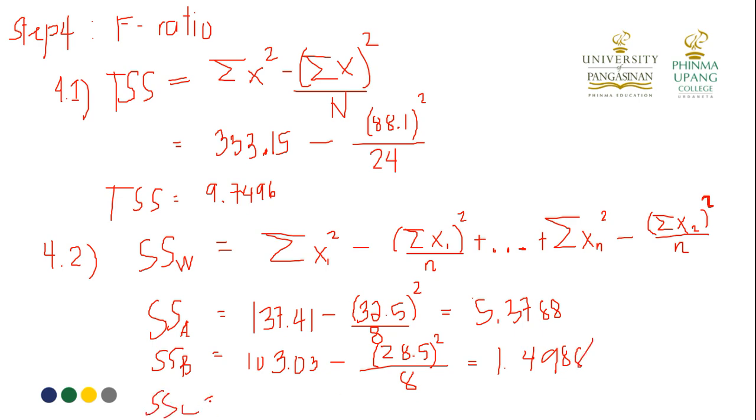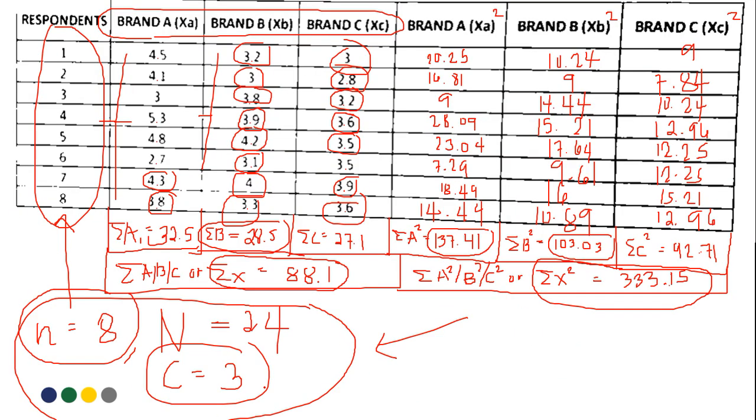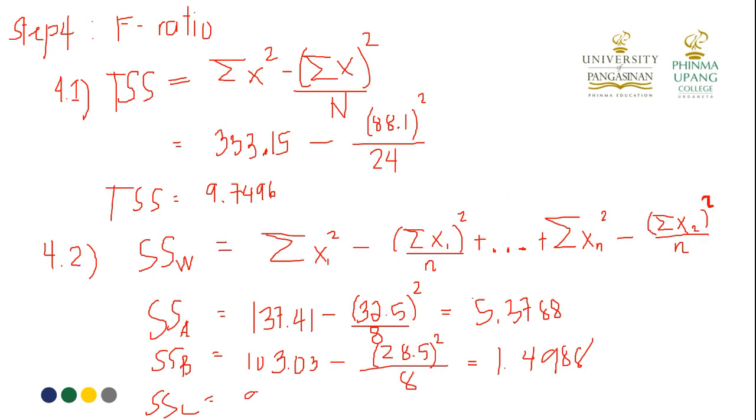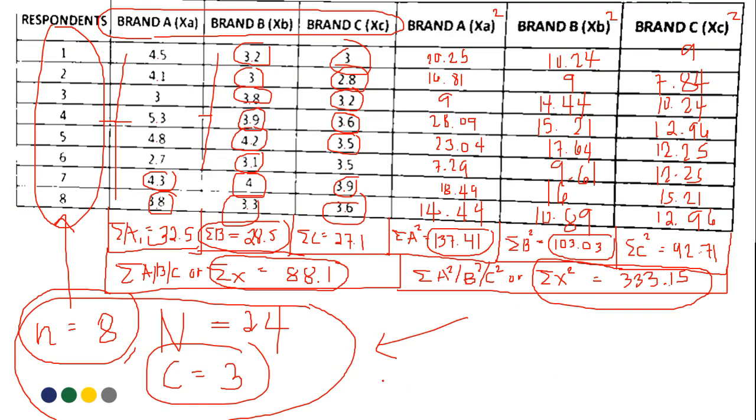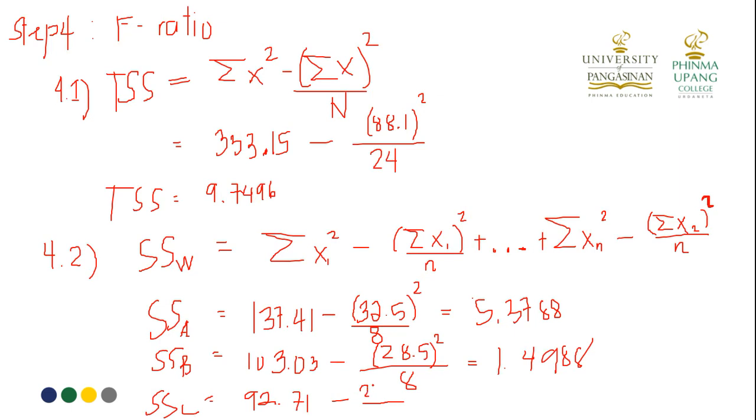SSC. Oh, ilan yung SSC? 92.71. 92.71 minus, ganyan na lang. 27.1, no? So, 27.1 squared. Malito na kayo.